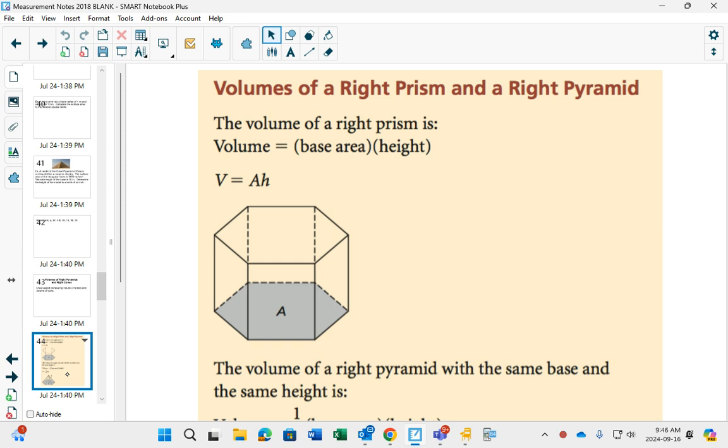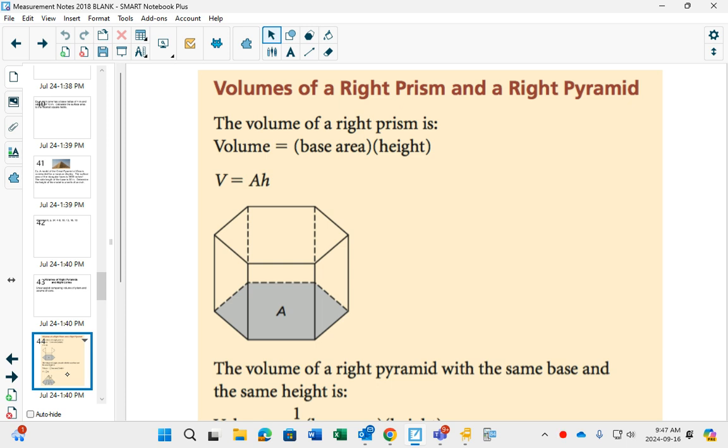Volume is about taking up space. Your textbook takes up this much space. To figure out the volume formula, take one of the pages of your textbook and stack them up until you get the height.